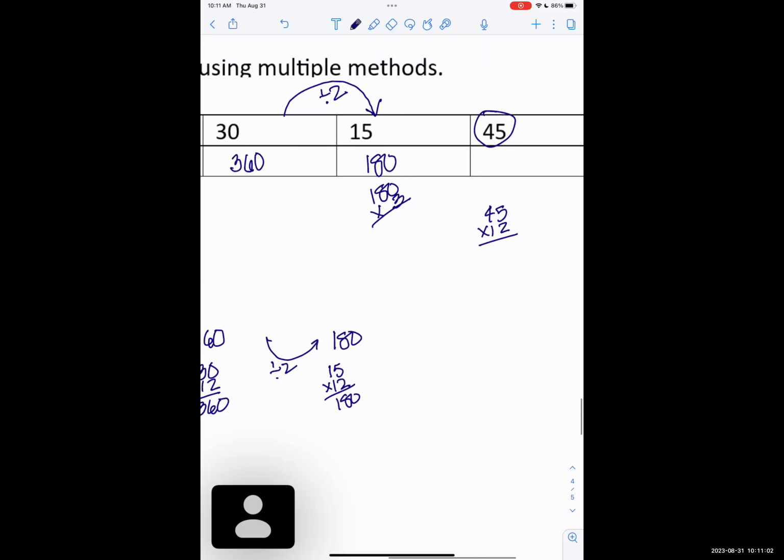That looks easier to multiply. Okay, and if we are trying to stretch our creativity, does anyone see another method for getting 45? There's one more that I see.